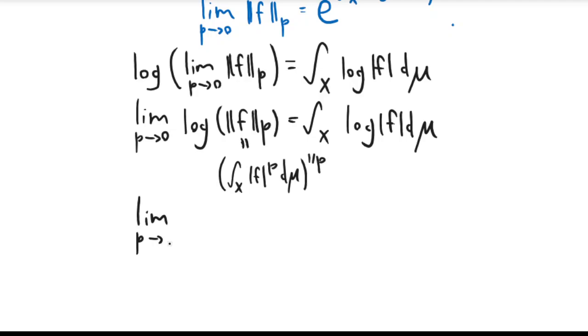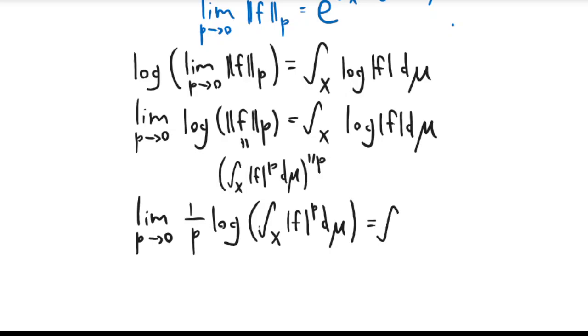So it's enough for us to show that the limit as p goes to 0 of 1 over p log integral absolute f to the p d mu is equal to integral log absolute f d mu. Okay, so this is kind of like our goal expression. So if we can show that this is true, then we're basically done.